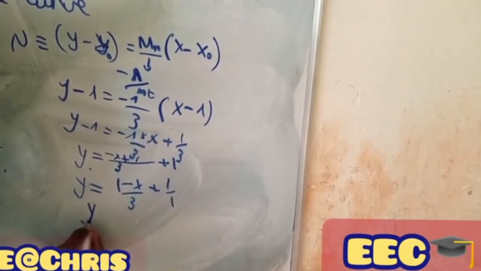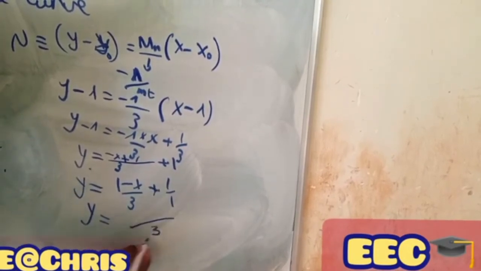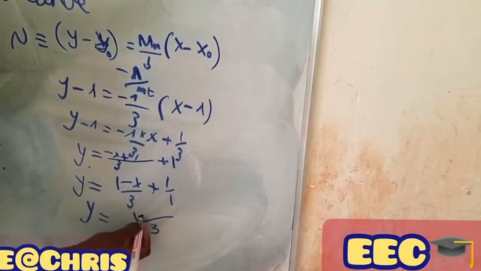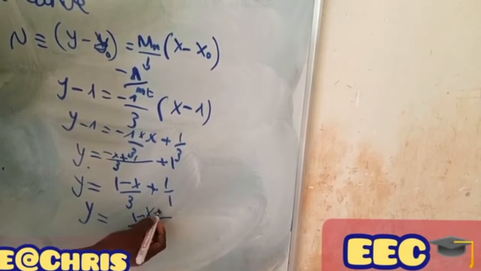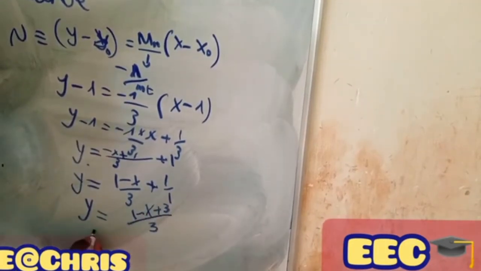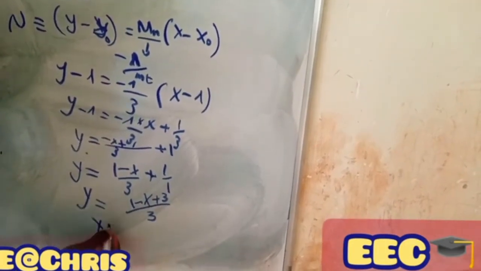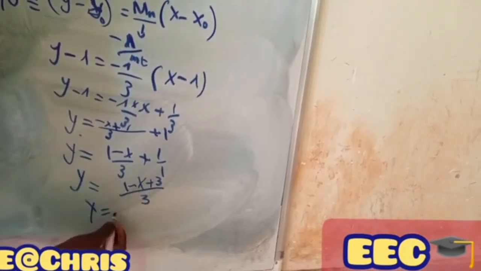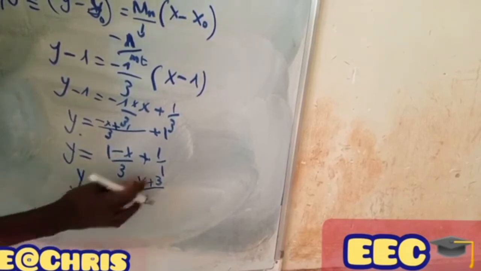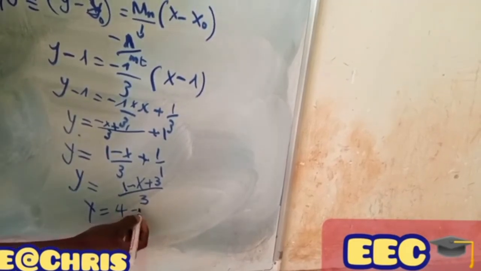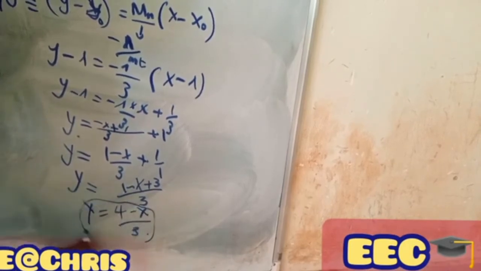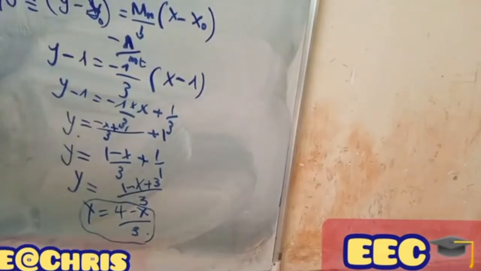If we put on the common denominator, y equals (1 minus x plus 3) over 3, and y will be equal to (4 minus x) over 3. This is our normal line.